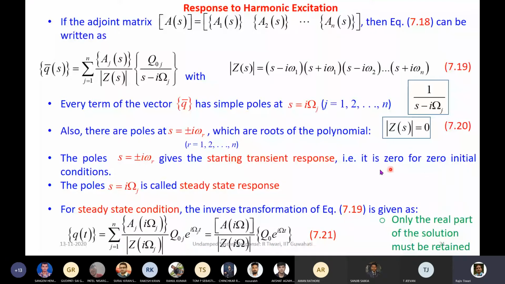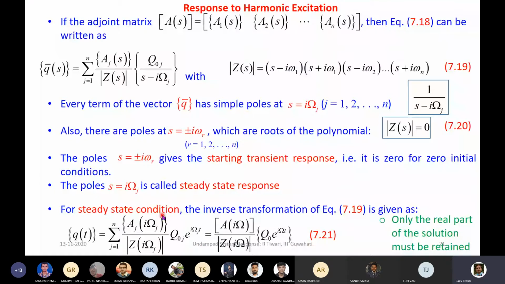If you are starting with the initial conditions with this steady state force, then the transient part will be 0. This s equal to i capital omega j, which corresponds to the forcing, is called the steady state response. So capital omega is related with the steady state response, and these poles are related with the transient, which we are not considering for the present case.